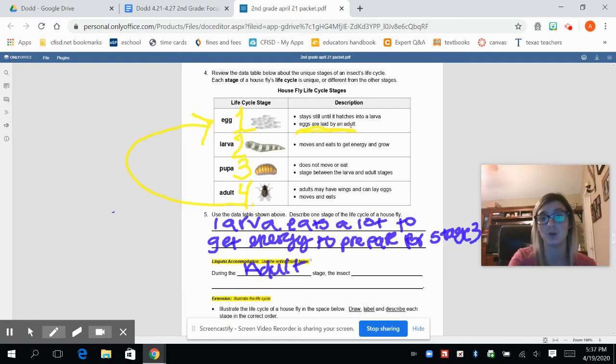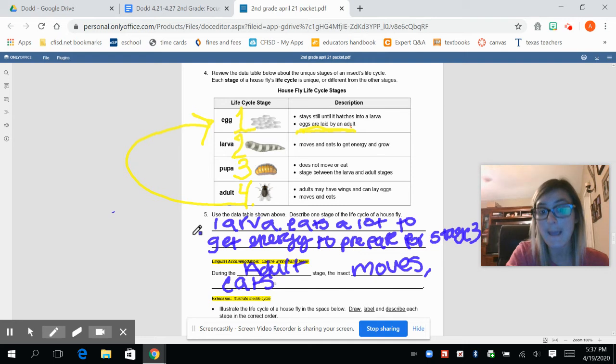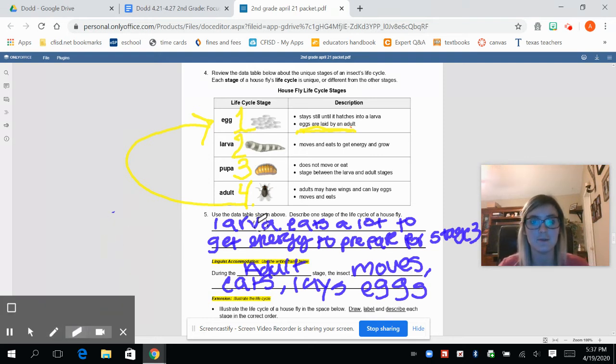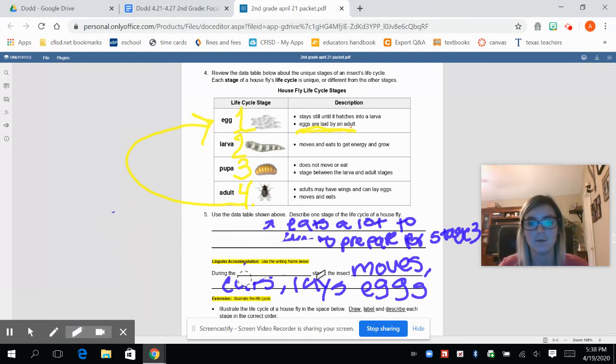No, in the adult stage, the insect moves, eats, and most important, lays eggs. Okay, so let me do some erasing so we can move to our very last question right here.